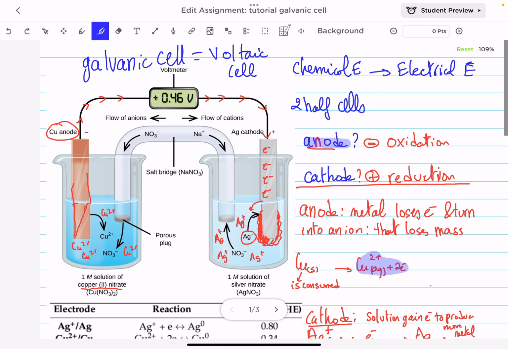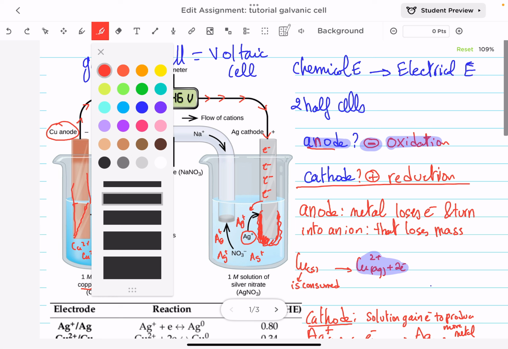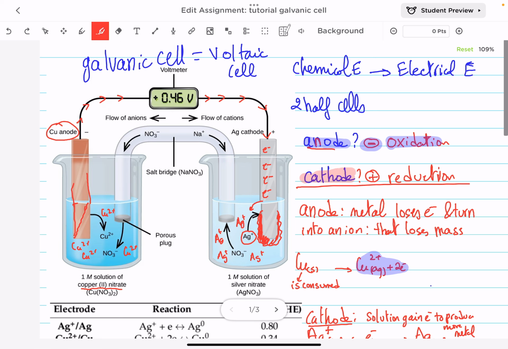So the anode loses electrons. It's where the oxidation takes place. It's the negative electrode, loses electrons, and the mass of the anode reduces. The cathode is the electrode that gains electrons. It's the electrode that has a positive sign. It's where the reduction takes place, gaining electrons, and eventually the mass of this cathode becomes bigger.